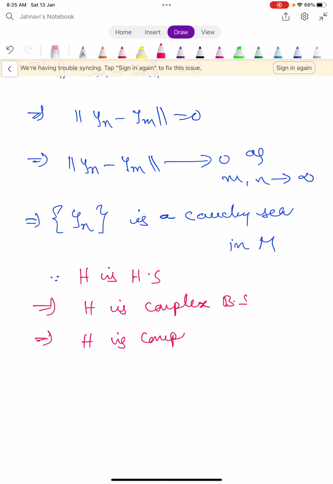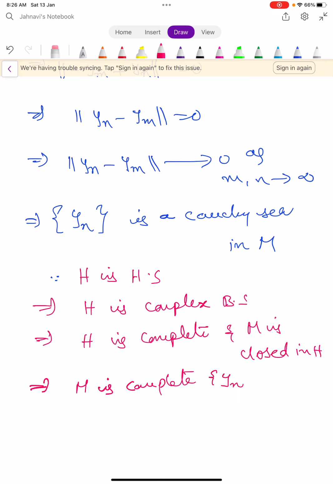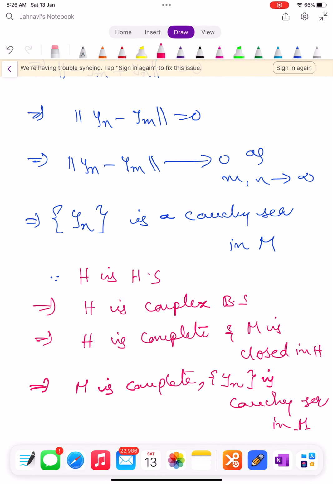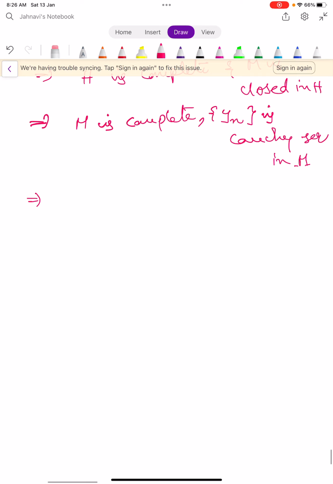Therefore H is complete, and M is closed in H, a closed subspace of H. It means M is complete. And the sequence yn is a Cauchy sequence in capital M. We know that every Cauchy sequence in a complete space is convergent. Therefore, the sequence yn is convergent.